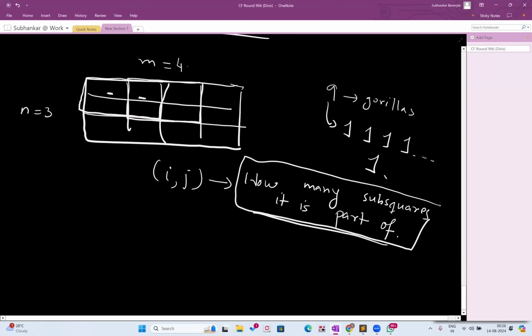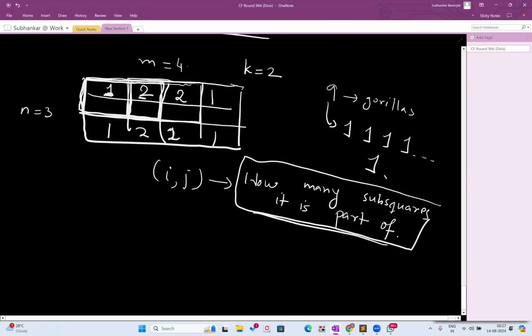So definitely this thing is part of only one subsquare because the subsquare will move like this. Then this is a length k equal to 2. So basically, since k equal to 2, we'll just move. This is a part of 2 subsquares. This is also part of 2 subsquares by symmetry.